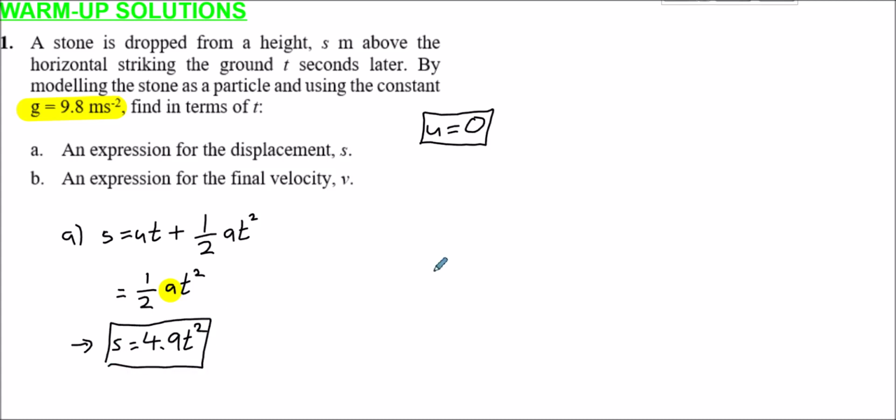For B, there's a couple of CVAT formulas you could have used. What I'd suggest for final velocity v is we do v equals u plus at. But a, as I've said, is g, and u is 0, so this just becomes v equals 9.8 t.